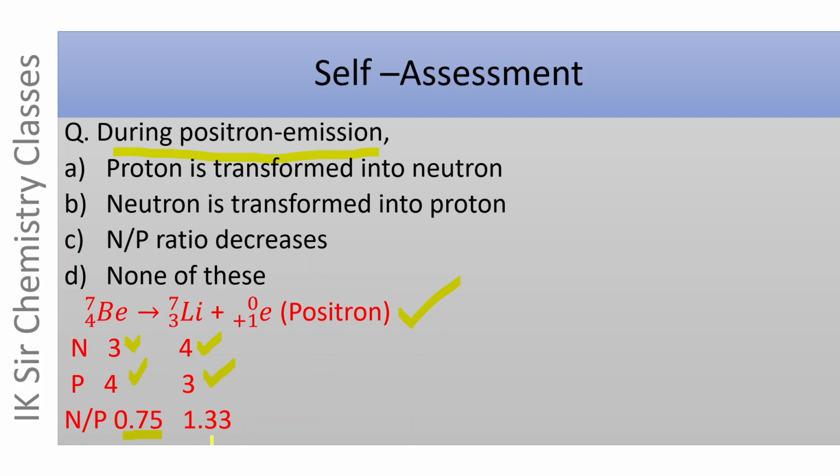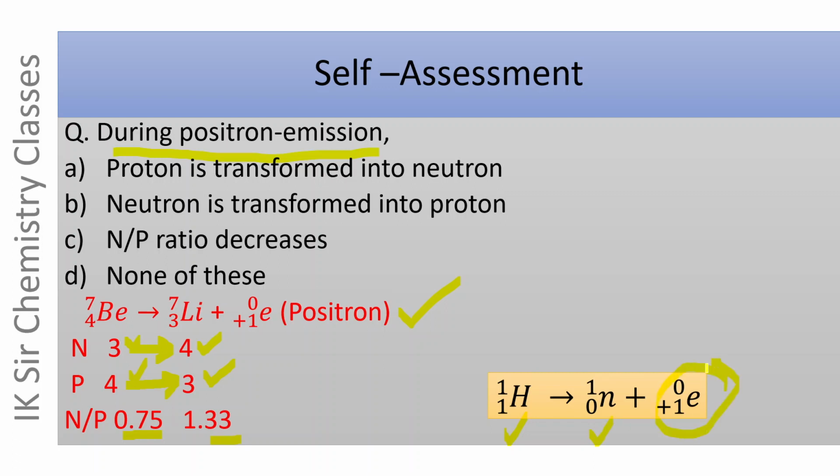Its N by P ratio will be equal to 1.33. Here we can see that the number of neutrons increases by 1 unit, while the number of protons decreases by 1 unit. That is, one proton is transformed into neutron as follows. This proton is transformed into neutron during positron emission.